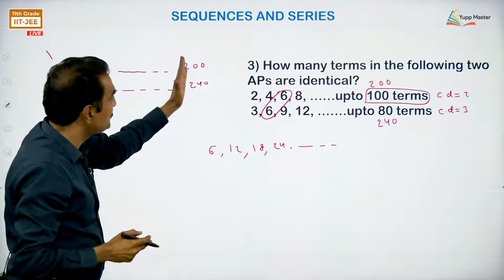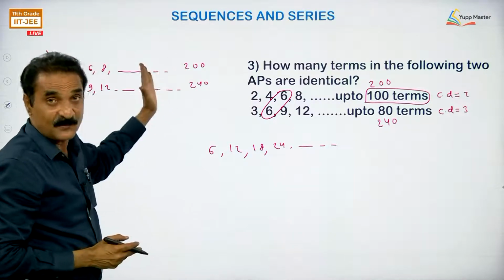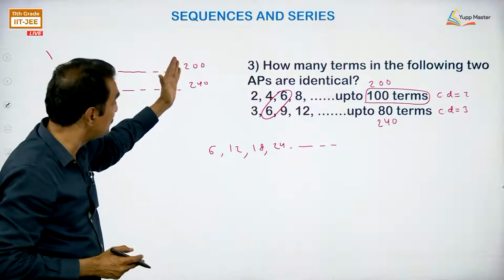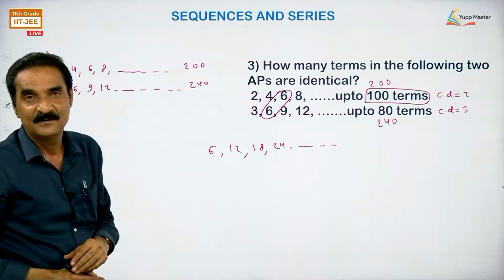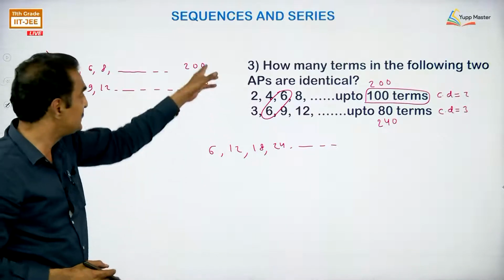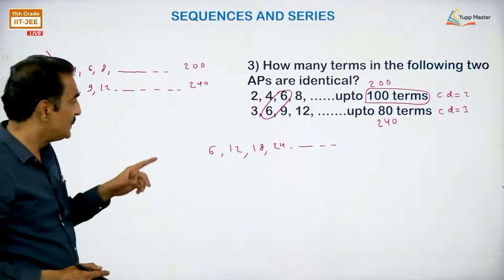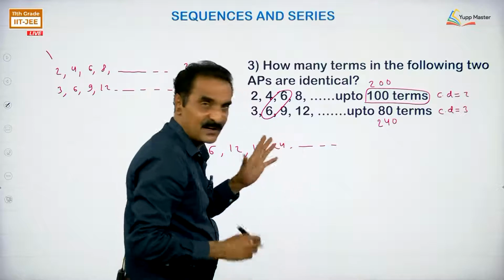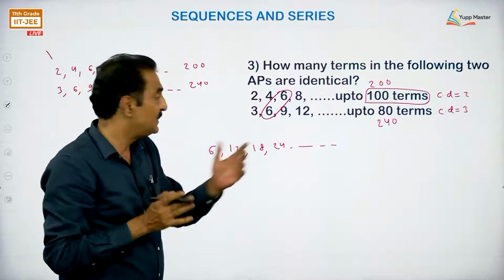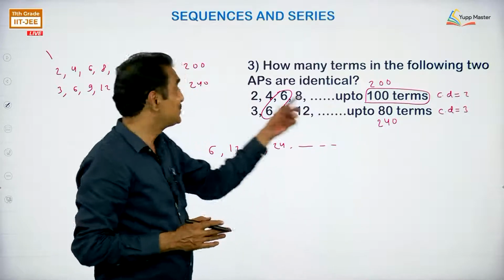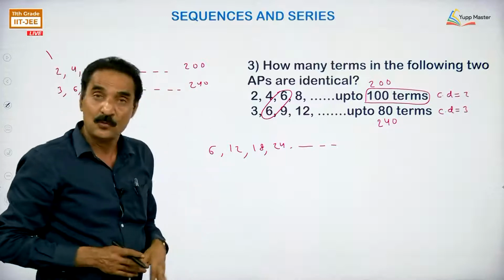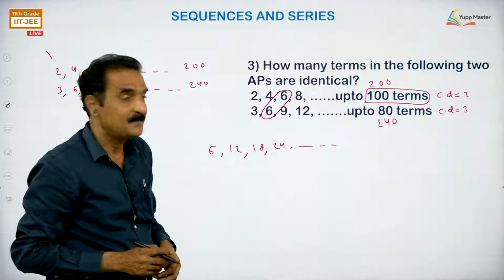So, common terms should be clearly less than 200. Common term cannot be greater than 200, is it not? Because this is the highest term in the first progression. So, suppose there are n common terms, then that nth term must be less than or equal to 200. Is it not?